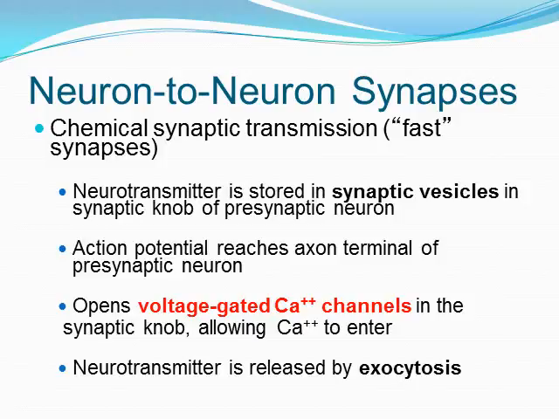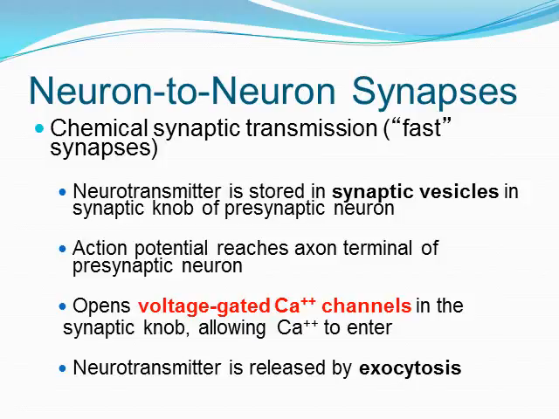In neuron-to-neuron synapses, we're talking about chemical synaptic transmission, as opposed to gap junctions, which would be a direct electrical current that moves back and forth. The vesicles in the axon terminal, or the presynaptic neuron, contain neurotransmitter.